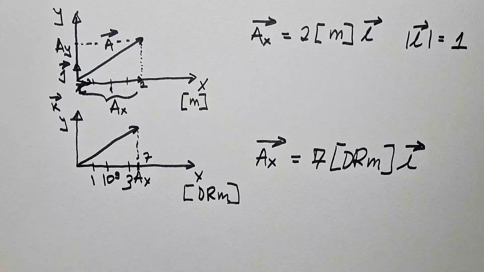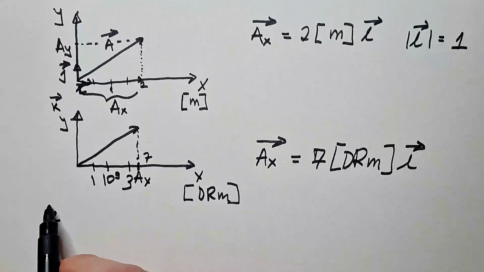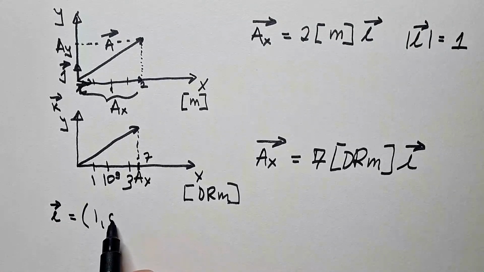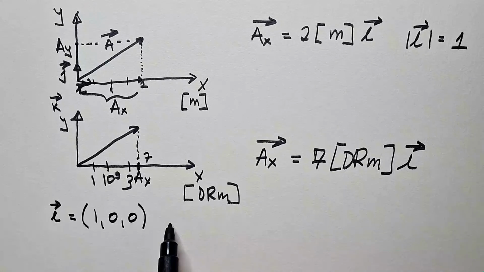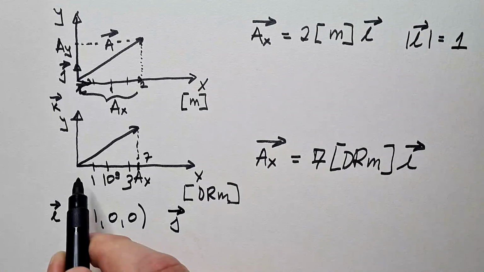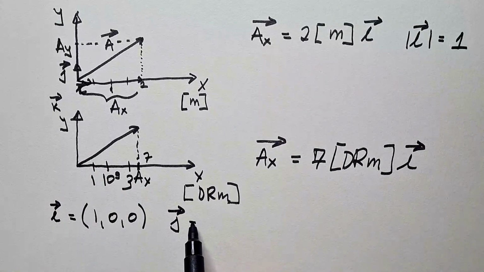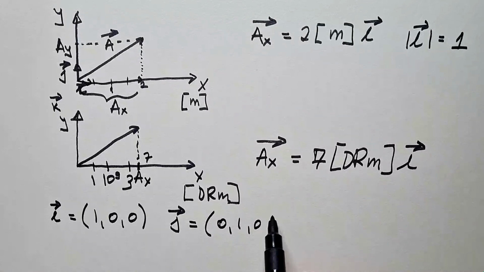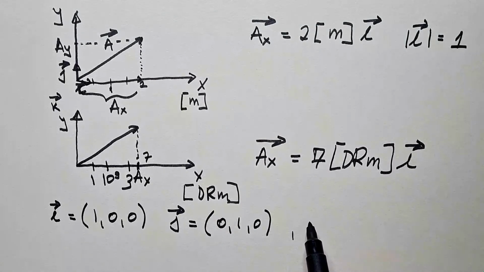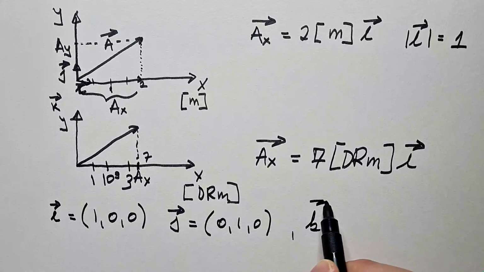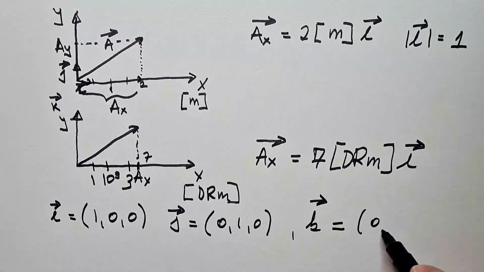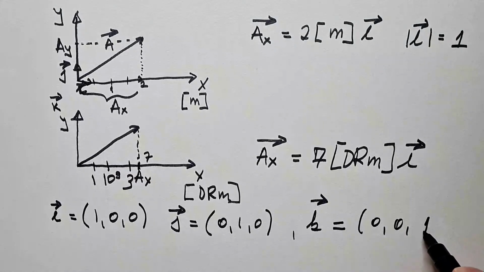Therefore, we say that the unit vector in the x direction, which we call i, has components 1, 0, 0, unit vector j in the y direction has components 0, 1, 0, and the unit vector k, which is in the z direction, has components 0, 0, 1.